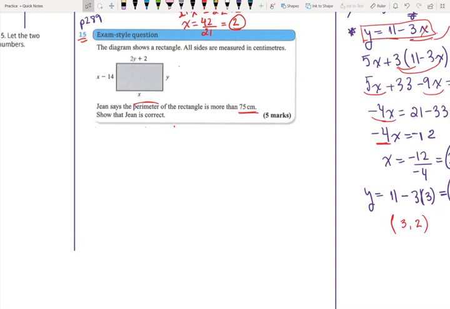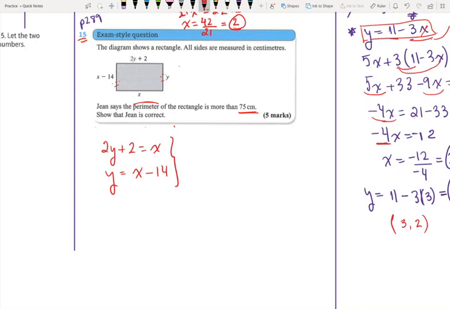So we know that in a rectangle the opposite sides are equal, so 2y plus 2 is equal to x, and these two sides are equal also, so y is equal to x minus 14. So you can either choose this and replace it here, or you can choose the other one. You can either choose the first equation or the second equation in order to start with it.